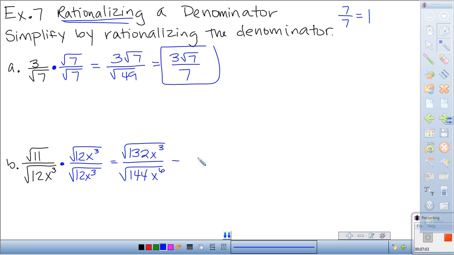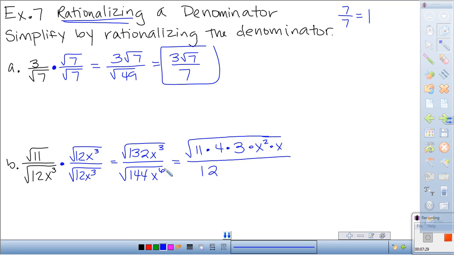And then we just want to simplify. Remember that 132 was 11 times 12, and 11 is a prime number. So if I was to break down 132, I'd say 11 times 12 is 4 times 3. 4 is a perfect square, so I'm going to leave it as 4 times 3. And then x cubed would be x squared times x. Then on the bottom, the square root of 144 is 12.